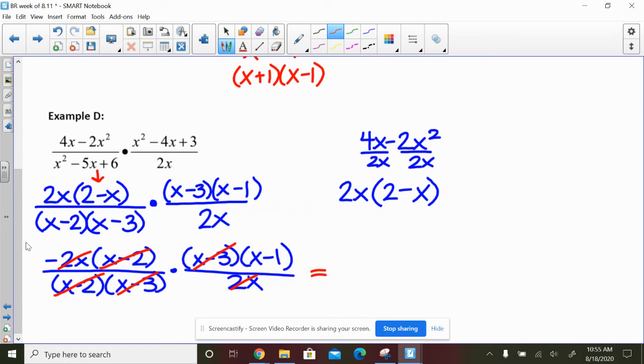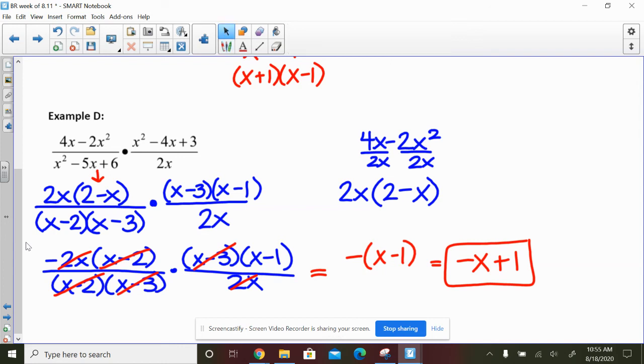I have a negative, and then I have x minus 1. So you can leave it like that, or you can distribute it and make it negative x plus 1. That would be my simplified version for that. Okay, so in the next video, we're going to talk about dividing rationals.